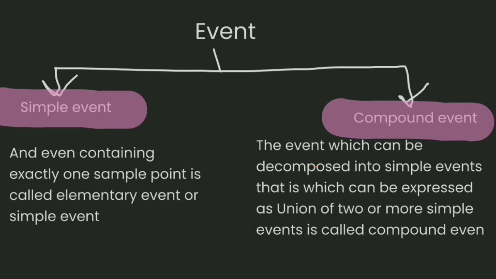By definition, an event which can be decomposed into simple events, like 3 and 4, could be decomposed into simple events, like I can only talk about getting a 3 or getting a 4. That is, an event which can be expressed as the union of two or more simple events is called a compound event.